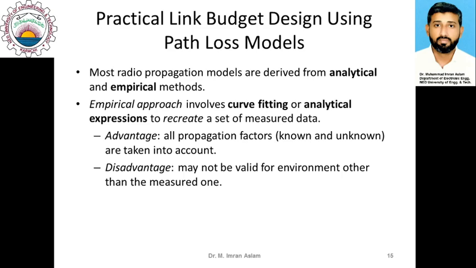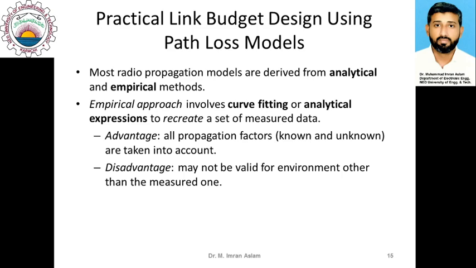So practically, when we are calculating this received power, which is sometimes known as link budgeting, link budgeting is generally done using analytical formulas like we have done for free space path loss modeling or two-ray ground reflection modeling.